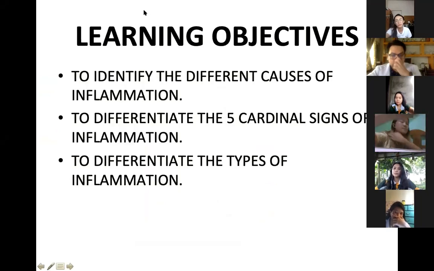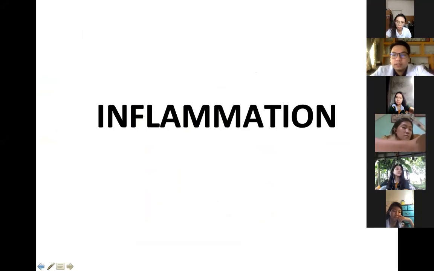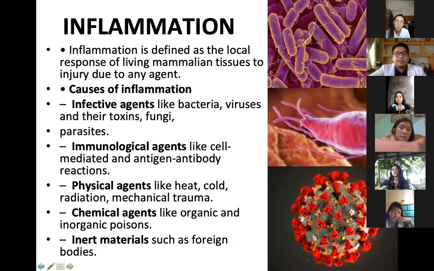Nakikita ba ninyo, class? Inflammation. Yes, sir. Okay, inflammation is defined as the local response of living mammalian tissues to injury due to any agents. Okay? So the types of causes of inflammation, we have infective agents like bacteria, viruses, toxins, and fungi, also parasites.